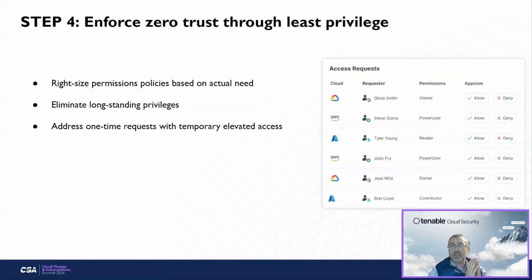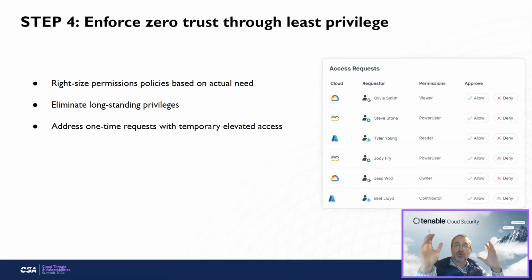And last but not least, the cherry on the icing is helping you drive towards zero trust by adopting least privilege, identifying those IAM issues, those permissions that are beyond what users actually require, helping them right-size permissions, or helping them adopt what we call the just-in-time principle, where people do not have long-standing high privileges to the environment, but are granted permissions as they need them. It's privileged access management for the modern era for cloud infrastructure, if you like.